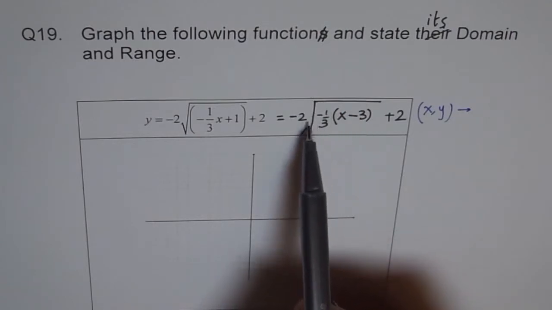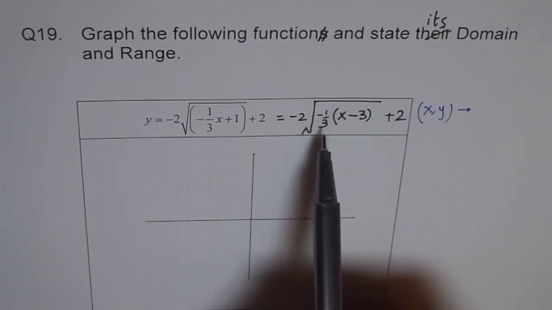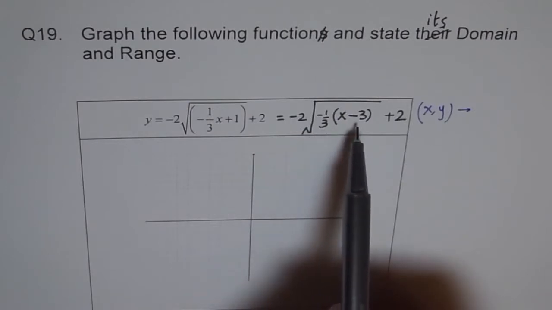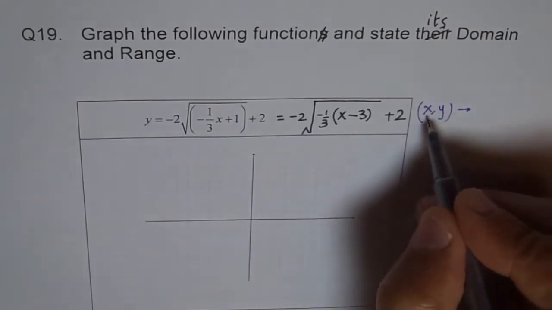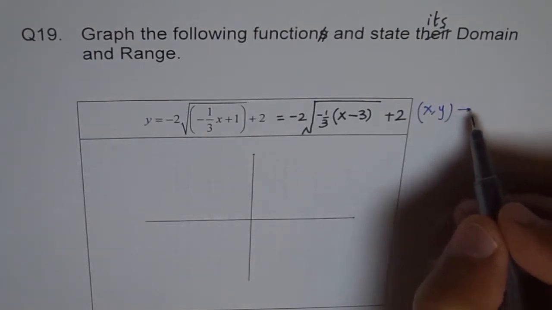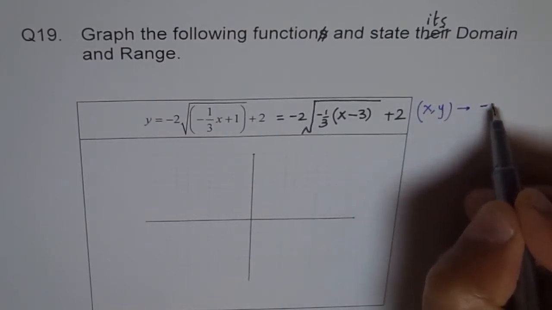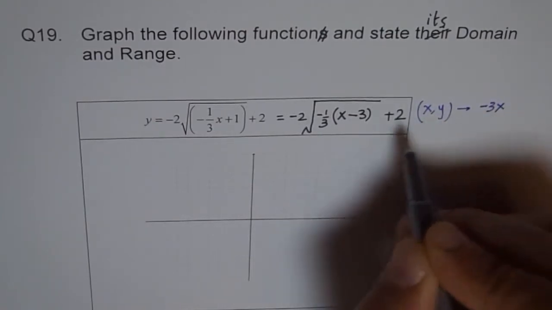Here, x gets multiplied by minus 3, and then you add 3. So original x points get transformed to a new position, and the image points will have coordinates minus 3x plus 3.